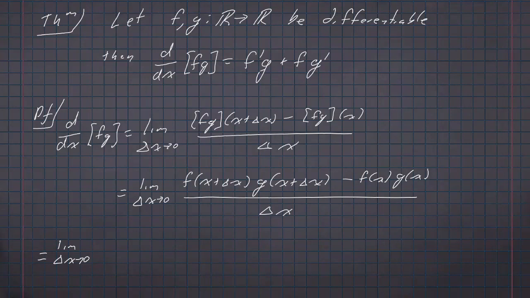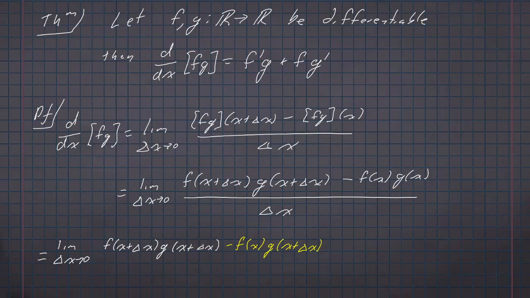Let's leave the first term in the numerator alone. So we'll have f of x plus delta x times g of x plus delta x. And now, adding 0 creatively, I'm going to add and subtract exactly the same thing in a way that's going to turn out to be incredibly useful. And that thing is going to be kind of the hybrid of these two terms: f of x, g of x plus delta x.